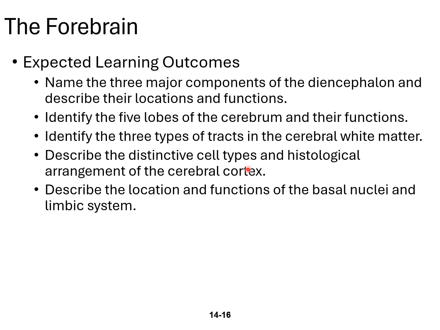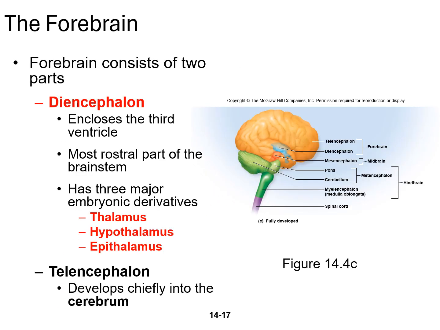How do signals get from one side to another? And what are the cell types and arrangement of the cortex? You've all heard of the 5 or 6 layers of the cortex. We're going to talk about a term called the neocortex because those layers are going to be very important later on. And we're going to cover the function of the basal nuclei and the limbic system.